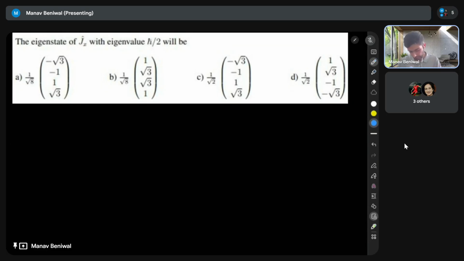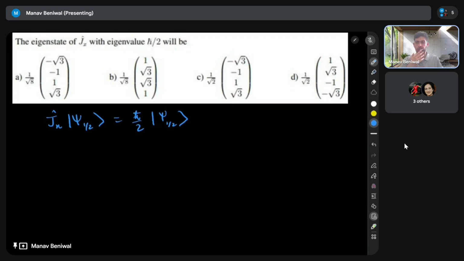Let's write the eigenvalue equation. The eigenvalue equation will be Jx operating on state psi half, so we will get h cut by 2, and again psi half, right? So the problem is that we want to find the value of psi half.